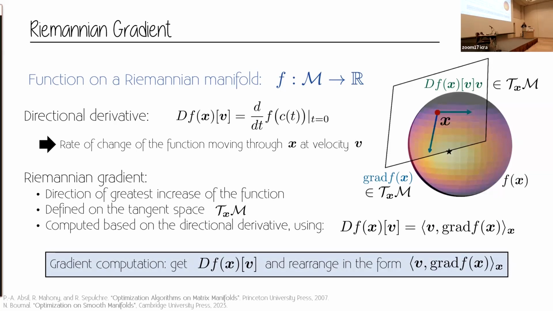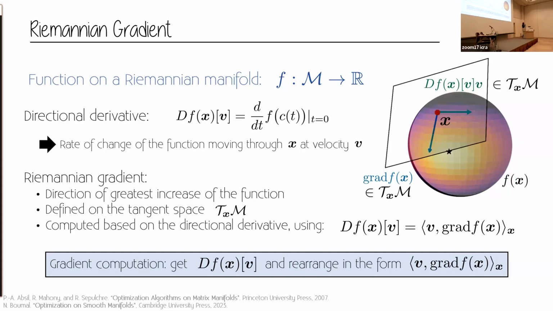You know that it is equal to the inner product between the direction in which you're going and your Riemannian gradient, where the inner product is on the Riemannian manifold, so with respect to the Riemannian metric. Once you have your directional derivative, you arrange it in the form of the inner product here and extract that part. This is how you get your gradient.